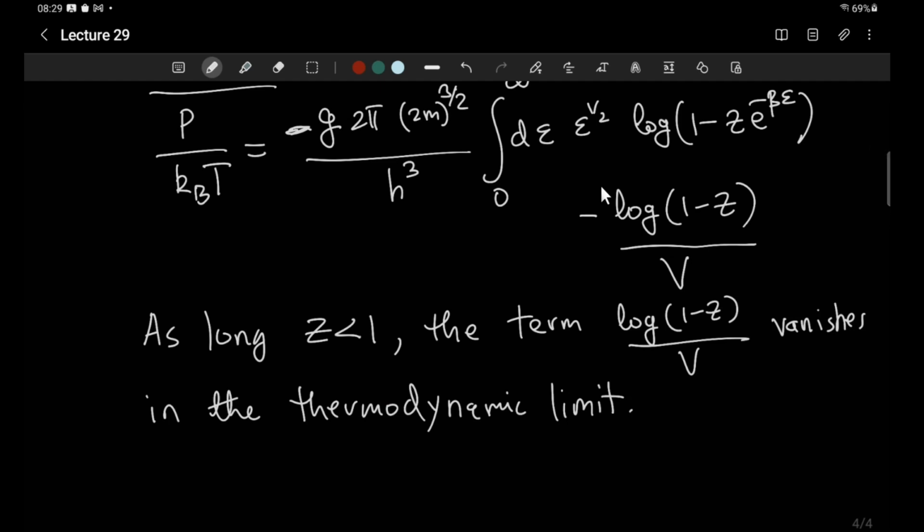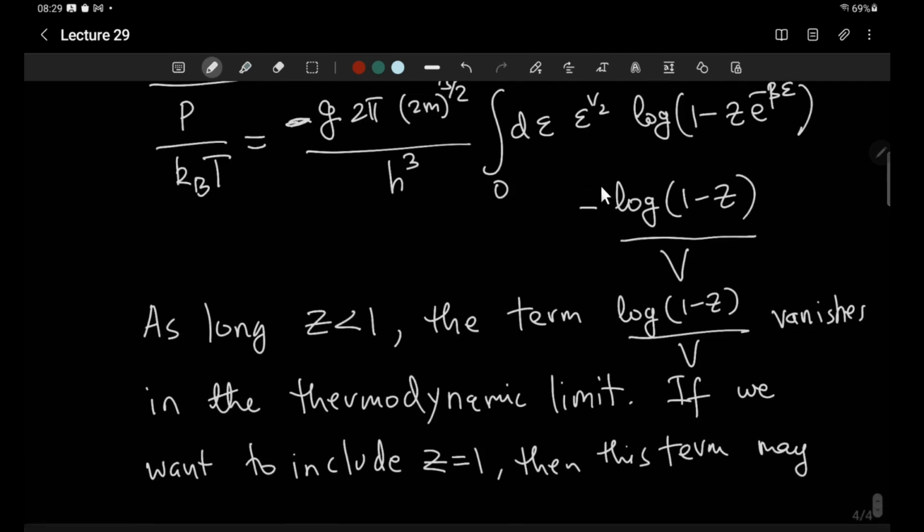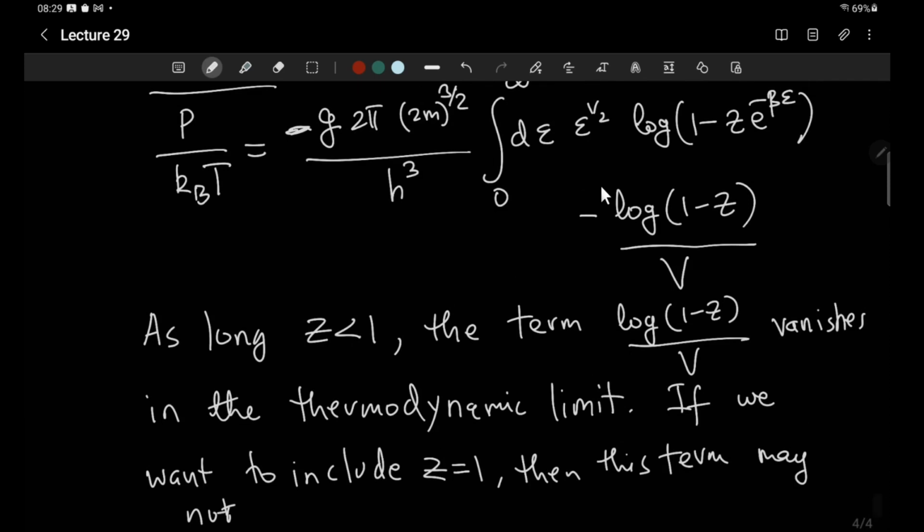But if you want to include z equal to 1 in the considerations, then this term may not vanish. It is indeterminate, because the numerator is infinity and V is also going to infinity. This term may not vanish, rather it's indeterminate at this point.